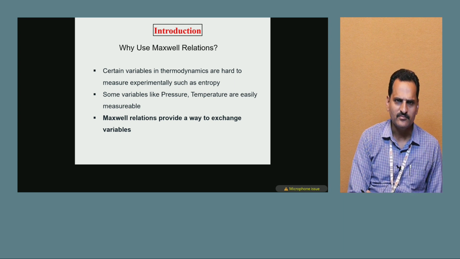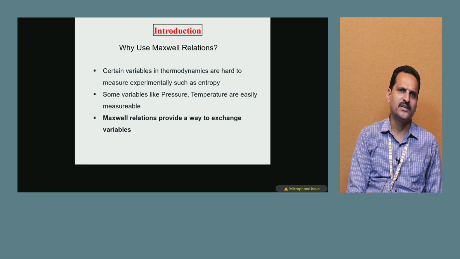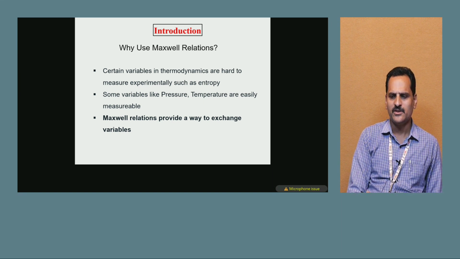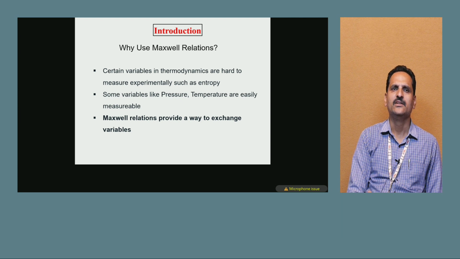So these variables like pressure, temperature and volume can be measured directly from experiments. Some other variables like internal energy, Gibbs free energy, Helmholtz free energy and enthalpy cannot be measured directly. By knowing pressure and temperature, we can estimate the energy properties as well.